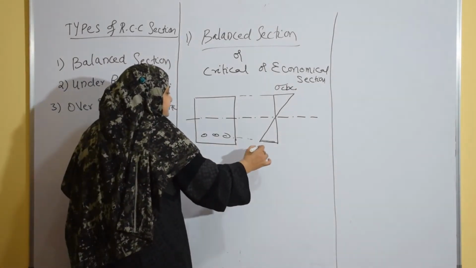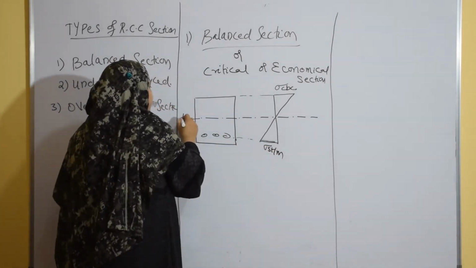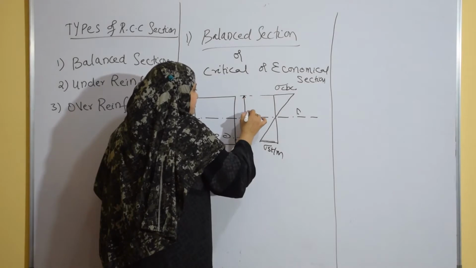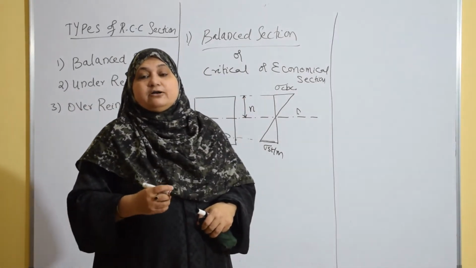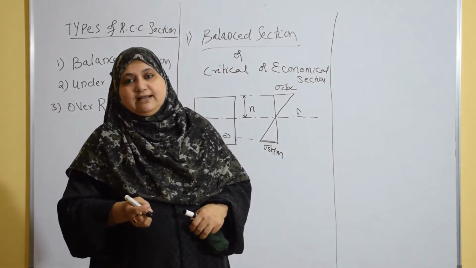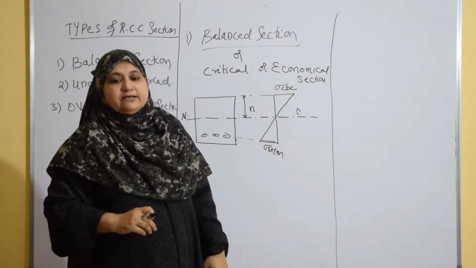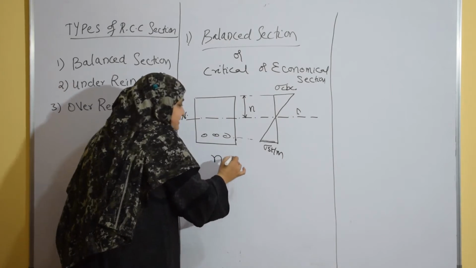So this is called a balanced section. Whatever neutral axis depth we get for a critical section or balanced section is called the critical neutral axis. The neutral axis of a balanced section is called a critical neutral axis, right? So it is represented by NC.